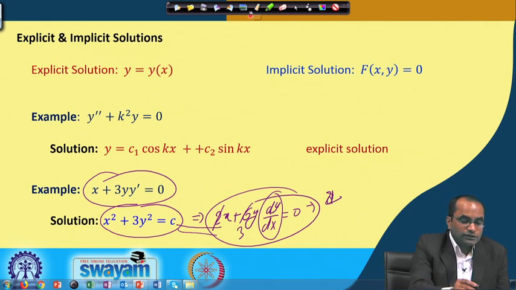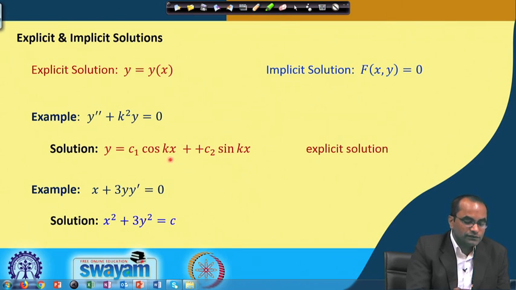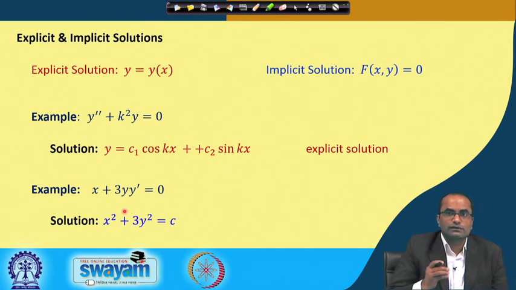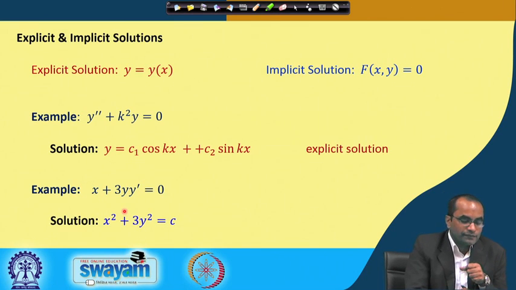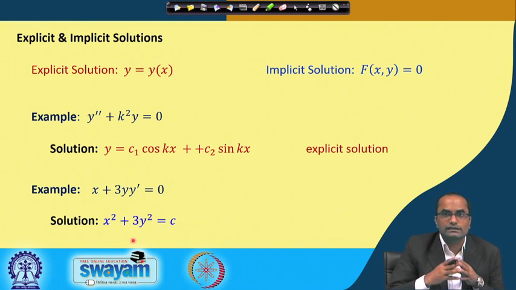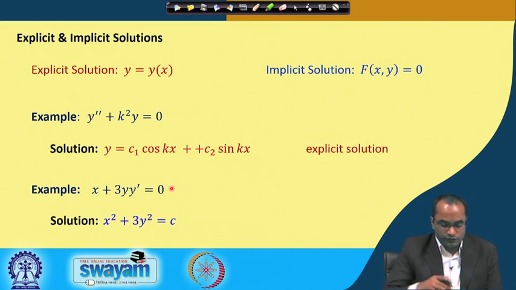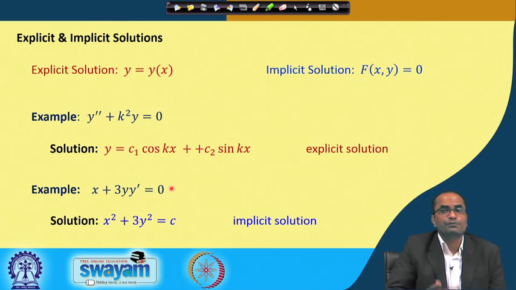But what is different here from the earlier one? Here a function of x and y is given, not an explicit relation of y in terms of x, but an implicit relation in terms of x and y. So, we call such a solution an implicit solution.